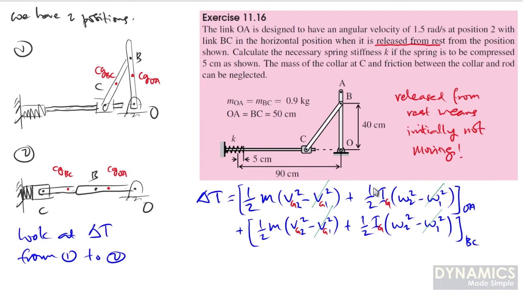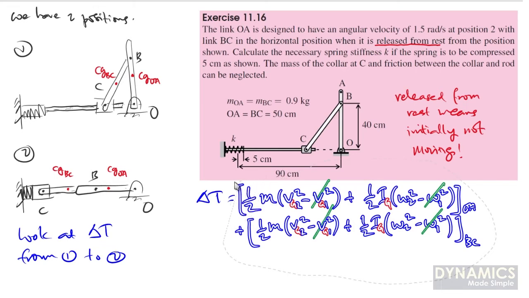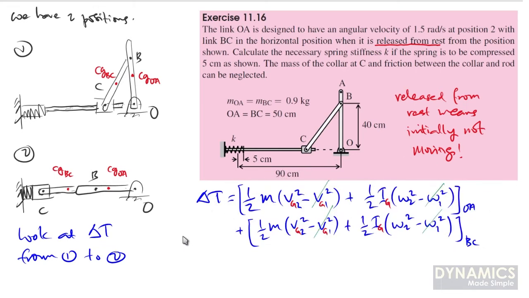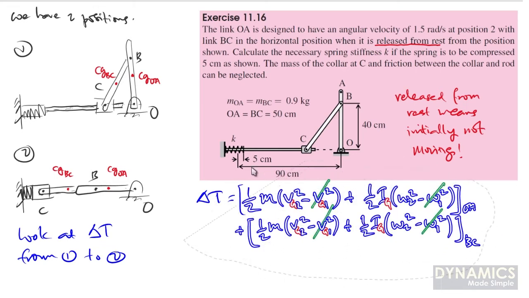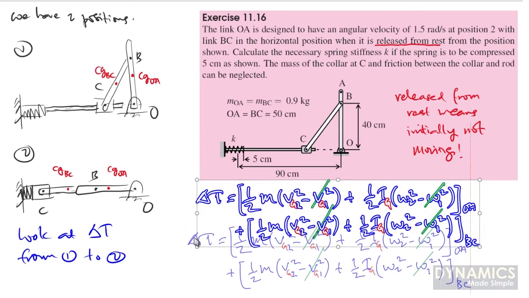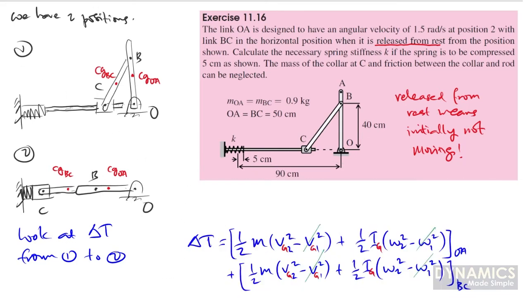Or if I want to make this more general, I can also write it in this form. Delta T is equal to T2 minus T1. So what is T2? What is T1?